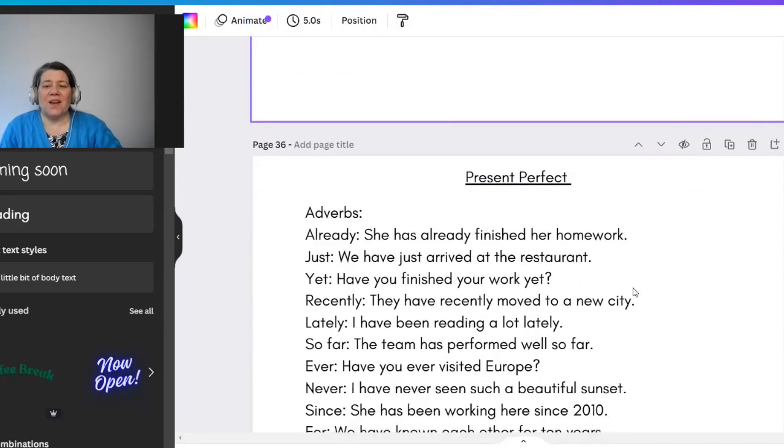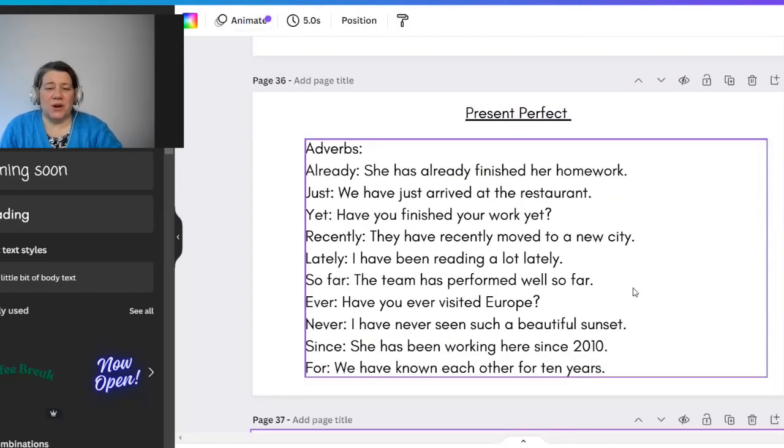Okay? So, present perfect. What are some of the adverbs that we use? We would use already. She has already finished her homework. Notice it goes between the verbs, the has and finished, the auxiliary and the content verb. She has already finished her homework.